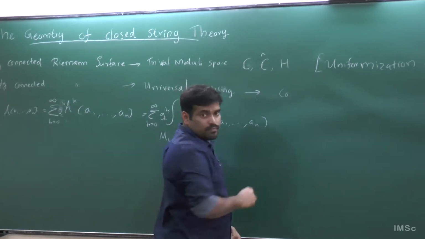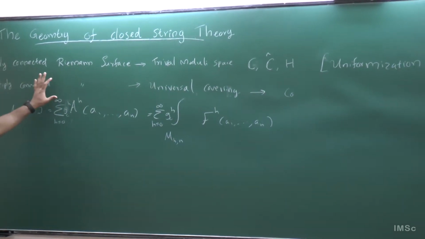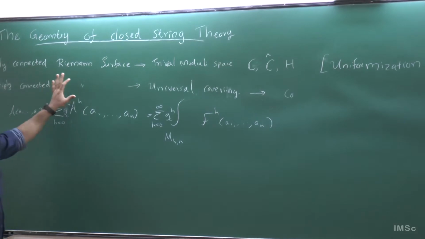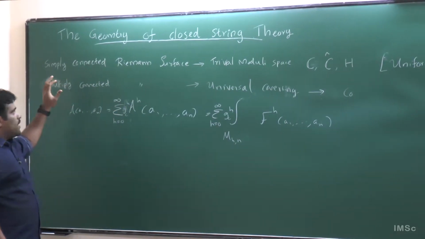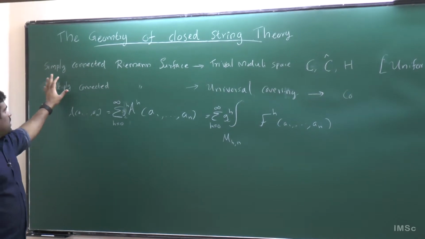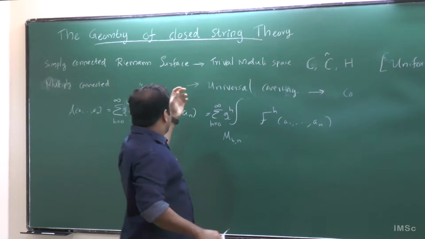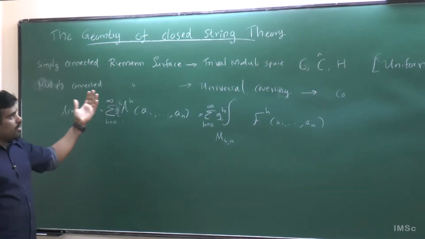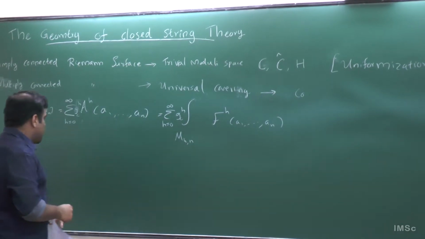So what was the goal? We want to understand the moduli space of multiply connected Riemann surfaces. That means we want to understand all possible inequivalent complex structures that we can introduce on a two-dimensional multiply connected surface. To understand this situation, we introduced a notion of universal covering.